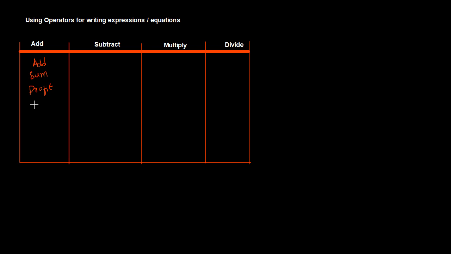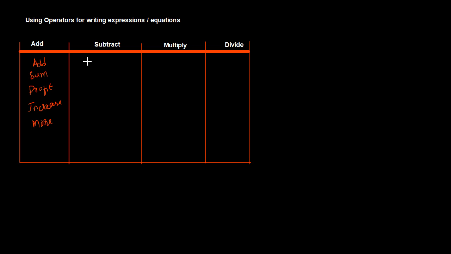So profit is addition. Another word is increase. If something gets increased, you're actually adding it. Or someone says you have 20 more marbles than someone else. So more is another word. These are all the words, wherever you encounter them, you're actually going to perform addition.